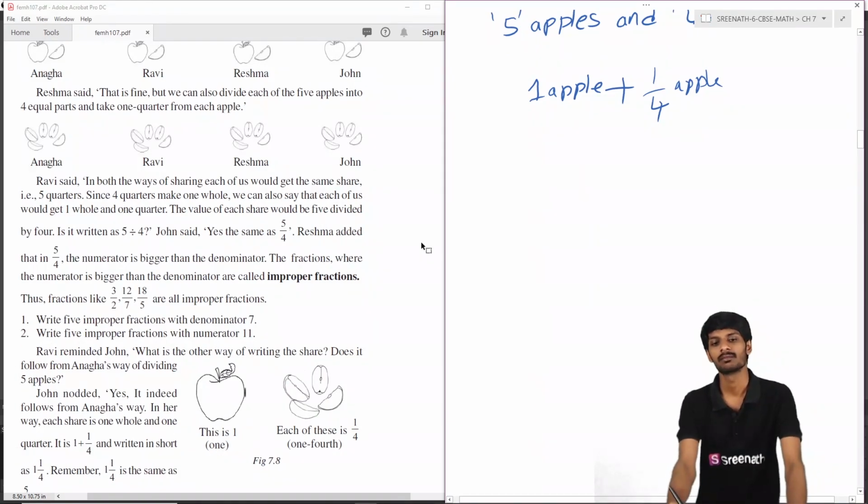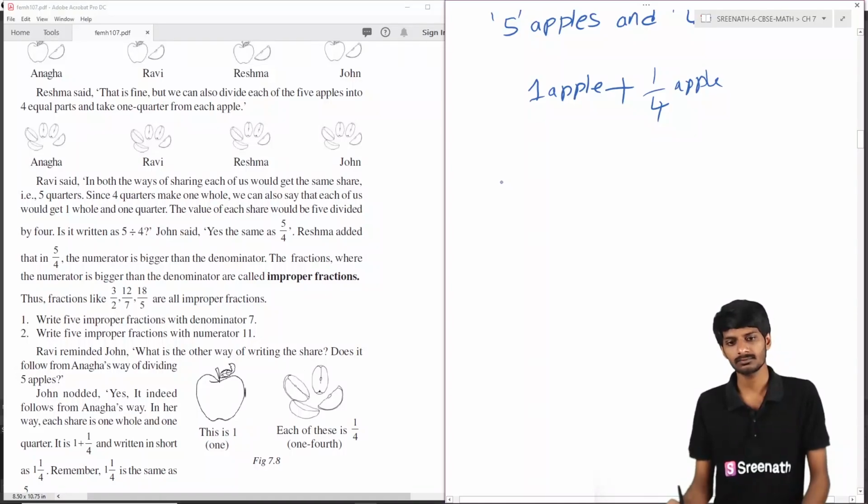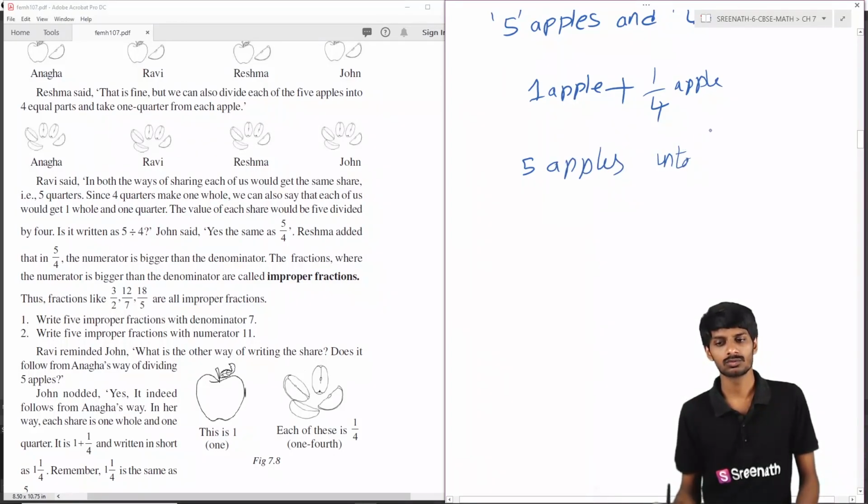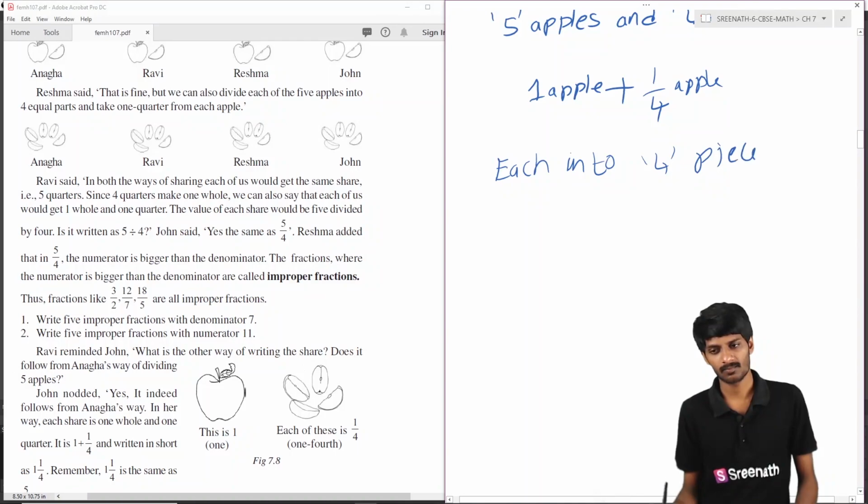So what they have done basically is break the 5 apples, each apple into 4 pieces, or 4 quarters.